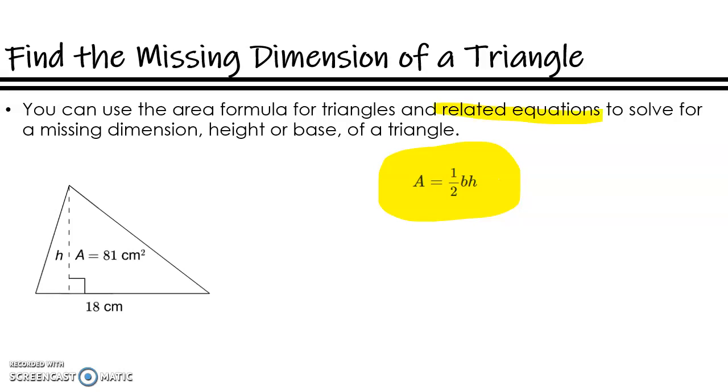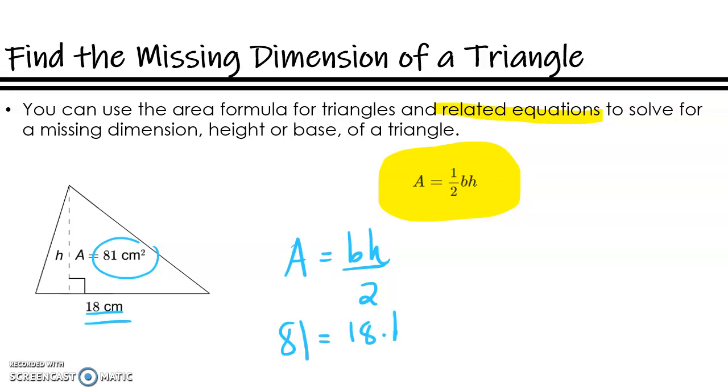Okay, so what we would be trying to figure out here is 18 times... let's first write the formula. That's always the first step. They're telling us the area is 81. The base is 18. So 18 times some number, then divided by 2, is going to give us 81.